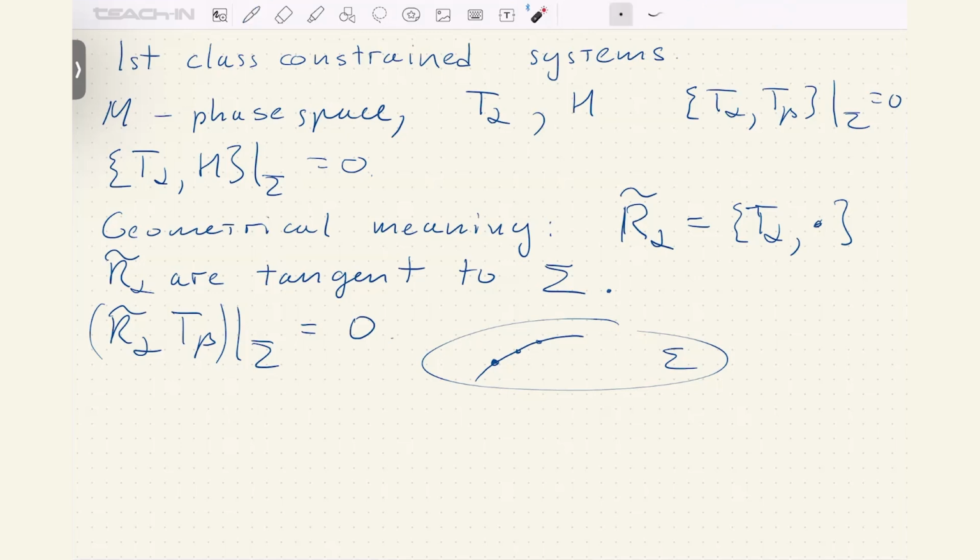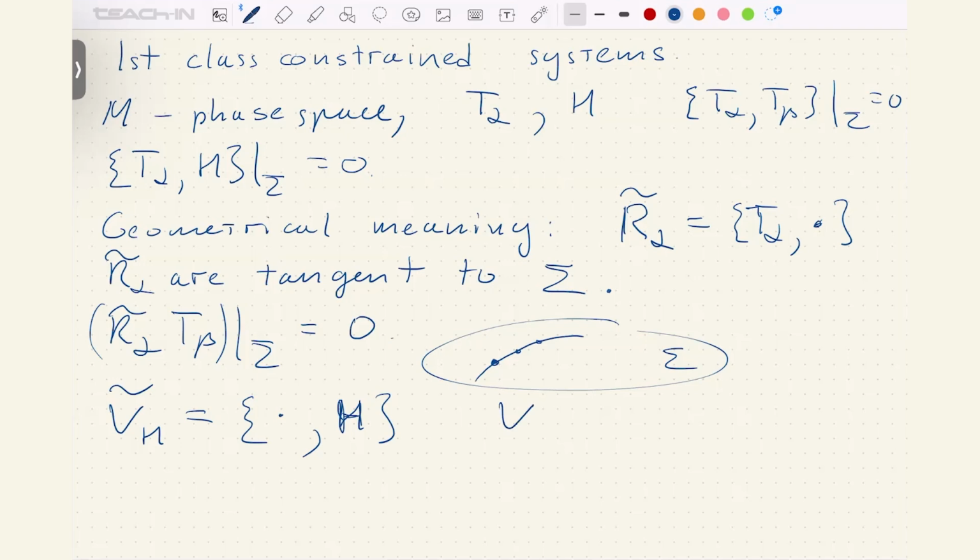The second condition, that the Hamiltonian commutes with first-class constraints on the constraint surface, means that the Hamiltonian evolution, so the vector field V H, well, let me also put a twiddle for consistency with later, which is defined as a Poisson bracket with the Hamiltonian. For some reasons I changed sign, so I put the Hamiltonian in the second slot.